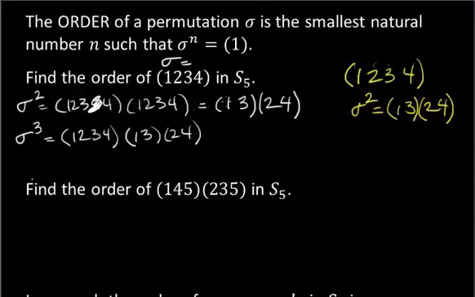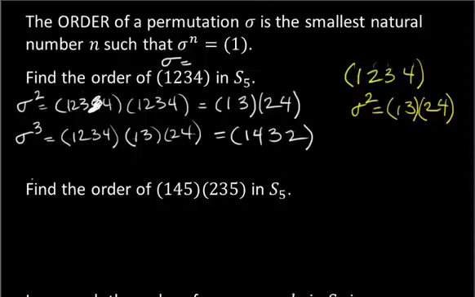Alright, so let's see. What we get is, we'll put down a 1. 1 goes to 3, which goes to 4. 4 goes to 2, which goes to 3. 3 goes to 1, which goes to 2. And 2 goes to 4, which in turn gets sent back to 1, and we close it.